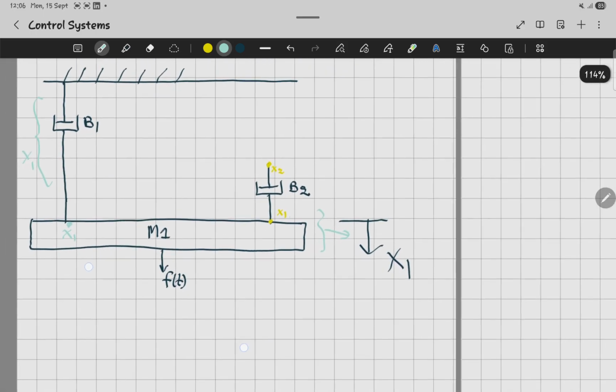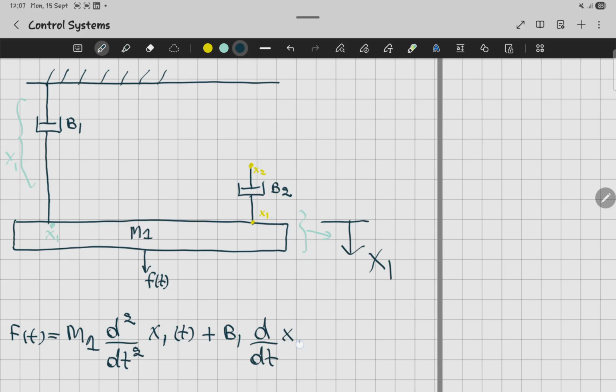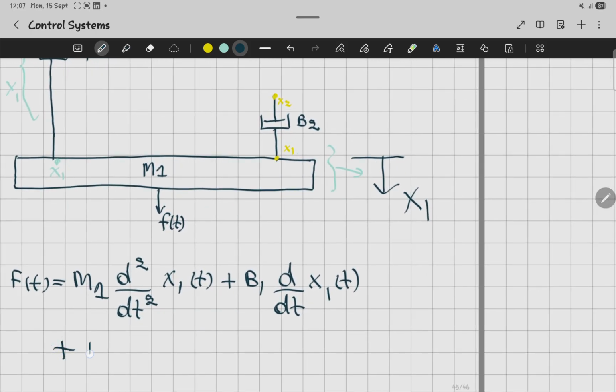If I have to write down the equation, we'll get something like this. We'll start with Ft equal m1 d square dt square times x1 of t, plus b1 d dt x1 of t, then plus b2.